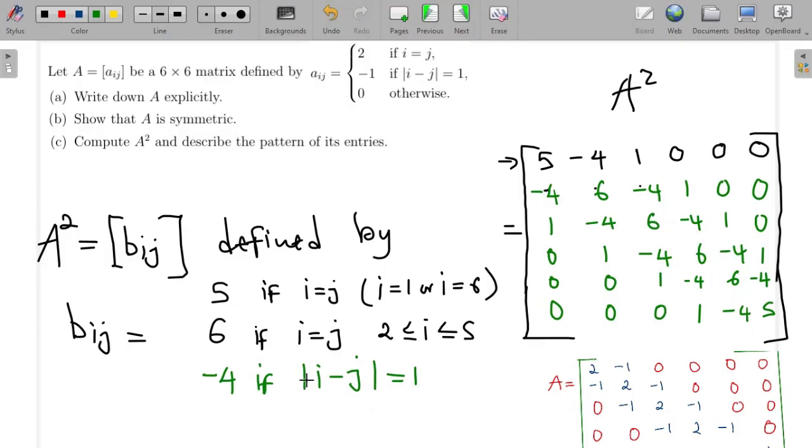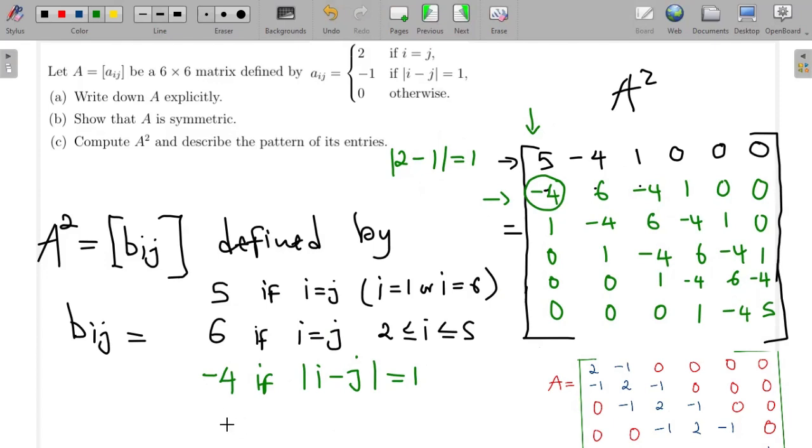So you can try this. For example, if this entry here is in the second row, first column, so my i is 2 minus my column 1, then I get the modulus of this, I'm just going to get 1. And you can see it's -4. So the pattern repeats for all these and for all those.